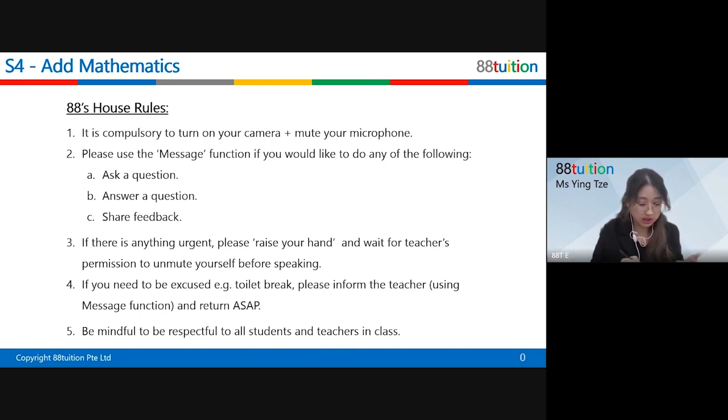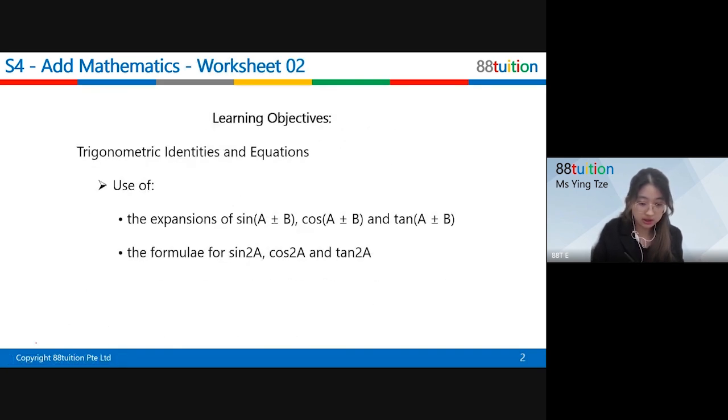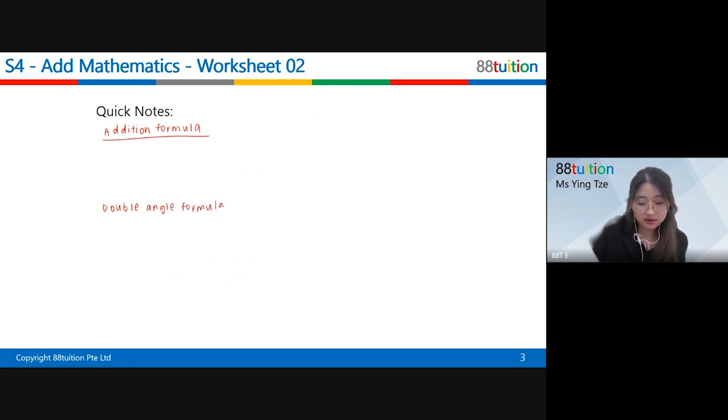So today we are going through another part of trigonometry. We are talking about the addition and double angle formula. So what is the addition formula?